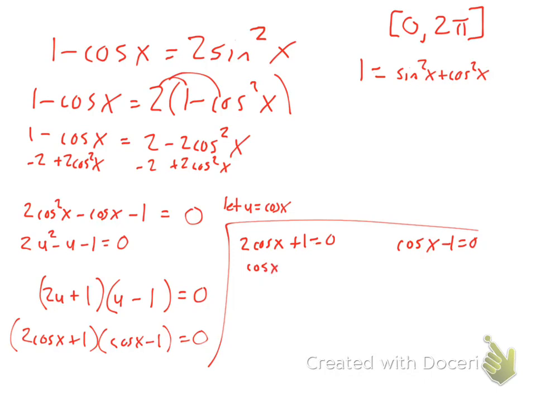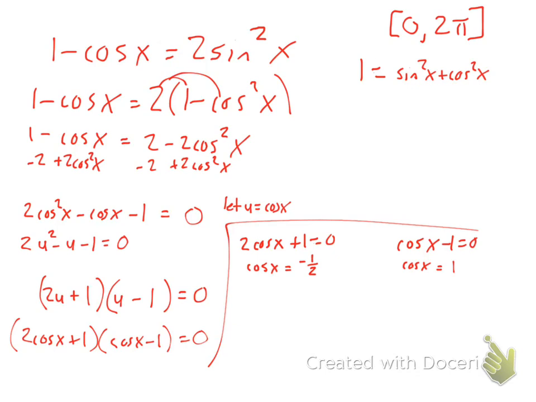Without showing too much work, would you guys agree that cosine x equals what? Bring the 1 over, divide by 2. Negative 1/2. And over here, cosine would have to equal what? Not all at once. 1.